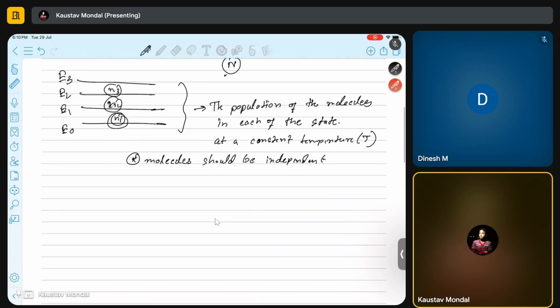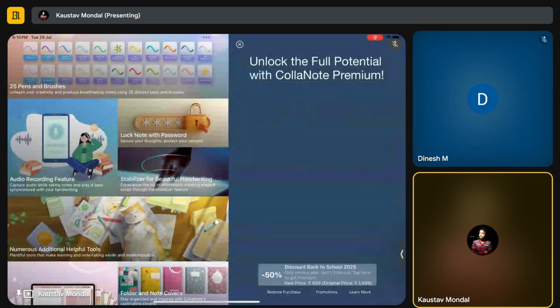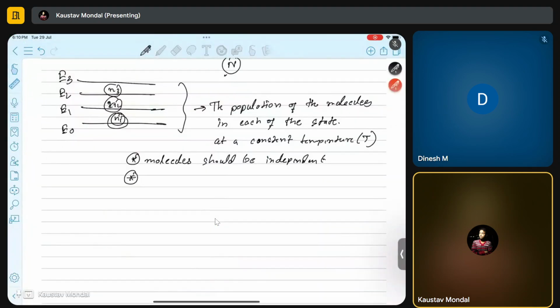And also you are considering that the molecules are not interacting. These are the basic assumptions that we consider.